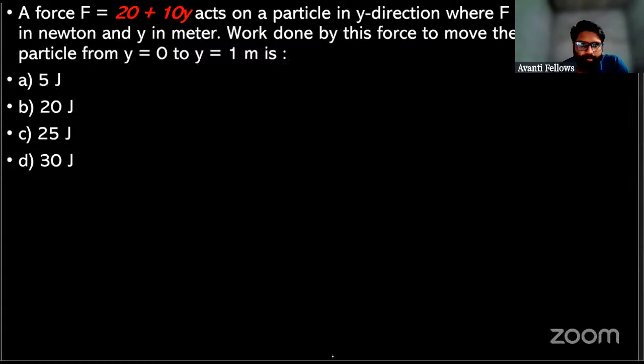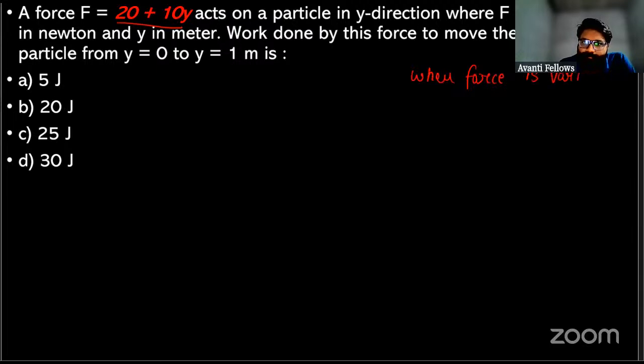Now, this is the question, but here the force is mentioned as 20 plus 10y, which means force is a variable quantity. So how to calculate the work done when force is variable?